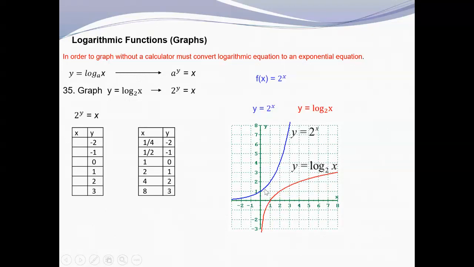When y is 0, x is 1. When y is 1, x is 2. And then when y is 2, x is 4. And then when y is 3, x will be 8. Here are the points. That's how we graph these.